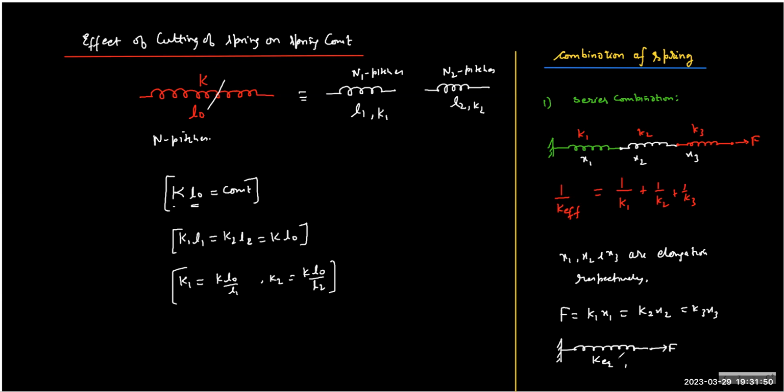Let's say the ability of this spring to deform is X. Then to have this equivalence, what must be equal? What is the rule for equivalence? When the combination can be replaced by this K equivalent, what is the criteria?